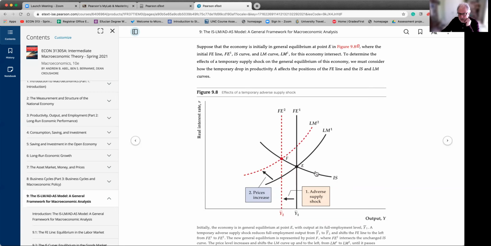So IS and LM, this is another important point, where the IS and LM cross is always the place that we would talk about actual real GDP. So actual real GDP could be more or less or equal to full employment GDP, which is that Y bar.